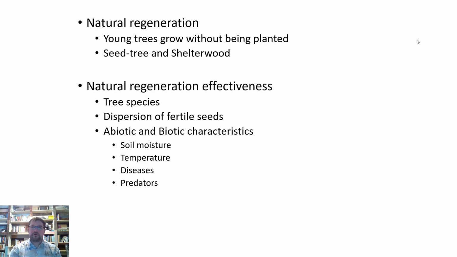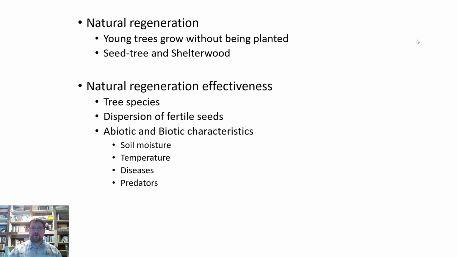Okay? The effectiveness of whether or not natural regeneration can take place will be determined by these different things. Okay, how many tree species are going to be established there? Is it the right tree species? Are you going to have competition? Okay, what's the fertility rate in the seeds? Are the conditions right for the seeds to even be fertile?